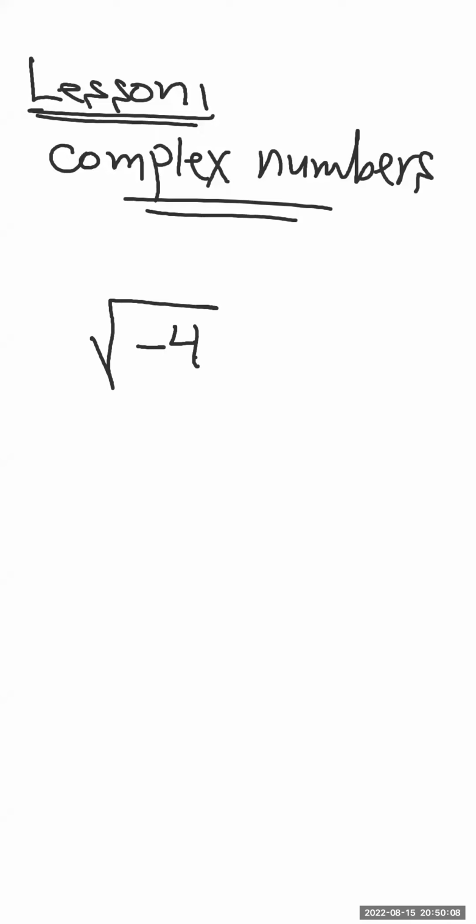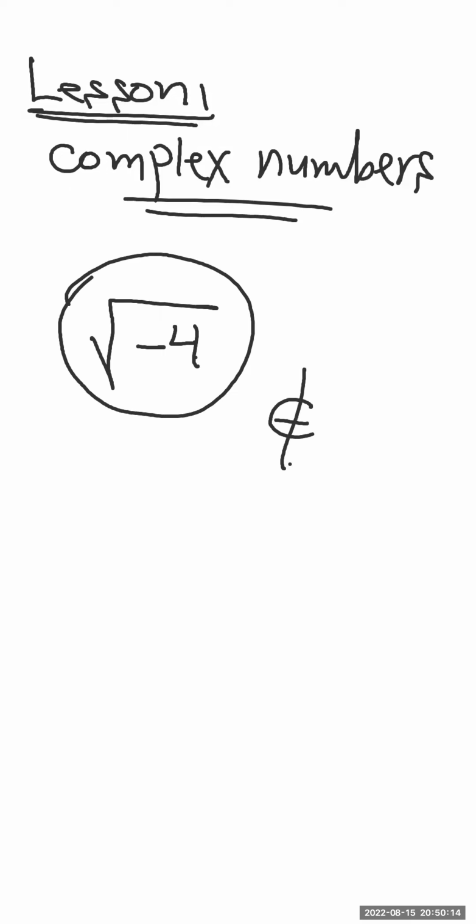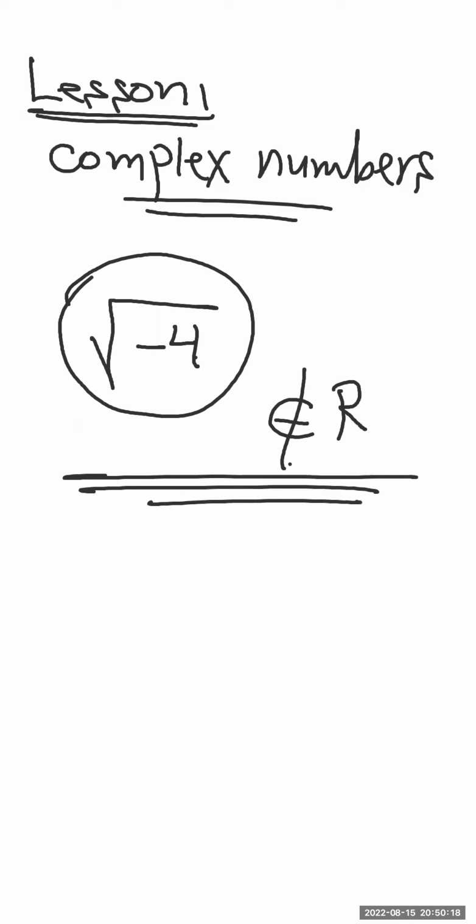So if we want to get the square root of -4, we said that it does not belong to the real numbers, and that there is no square root for a negative number. But this year, we will start to study a new set of numbers, and it's complex numbers.